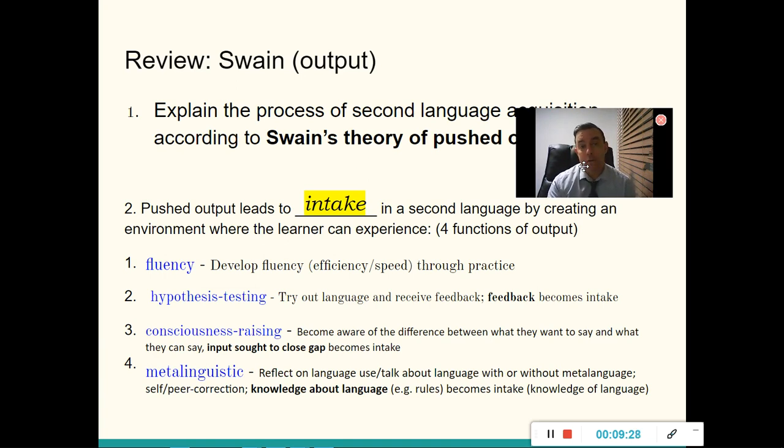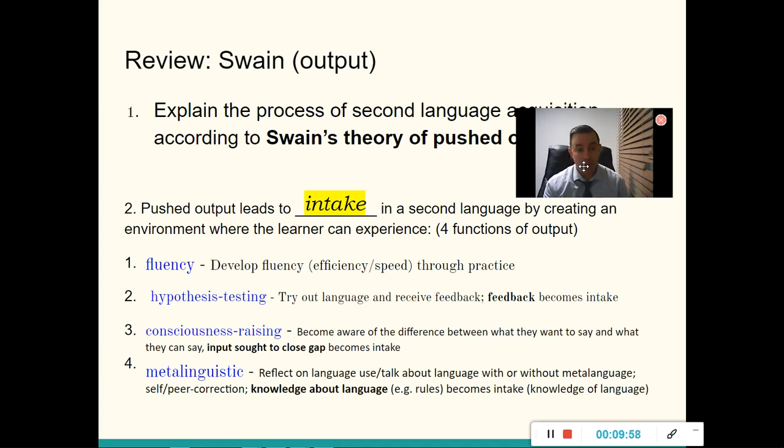Now, the meta-linguistic function is basically saying that when you're pushed to produce output, you're probably going to reflect on how you used output afterwards, and you could talk to somebody about your language use. Now, you could be using meta-language there, like, oh, I used an adjective, I should have used an adverb, I forgot my article, whatever it was, that's meta-language.